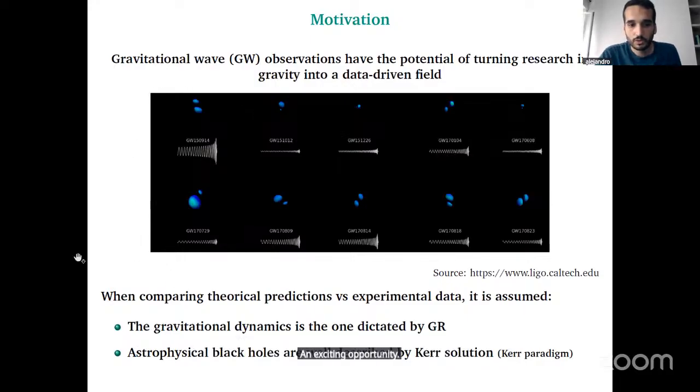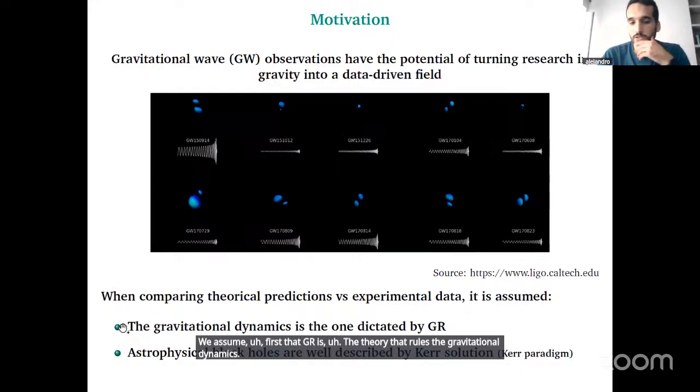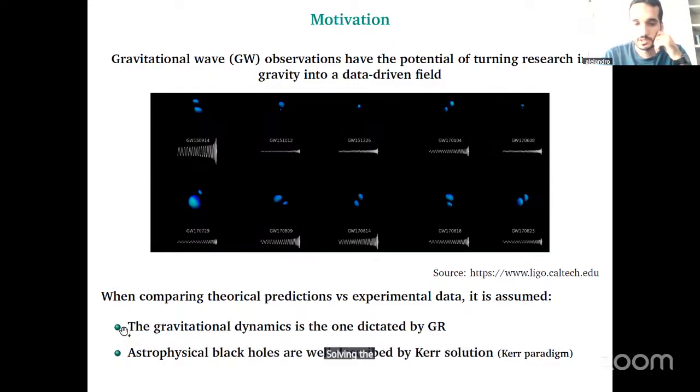So usually when you compare theoretical predictions against experimental data, we assume first that GR is the theory that rules the gravitational dynamics. So solving the two-body problem is already complicated enough in GR, let alone going beyond.